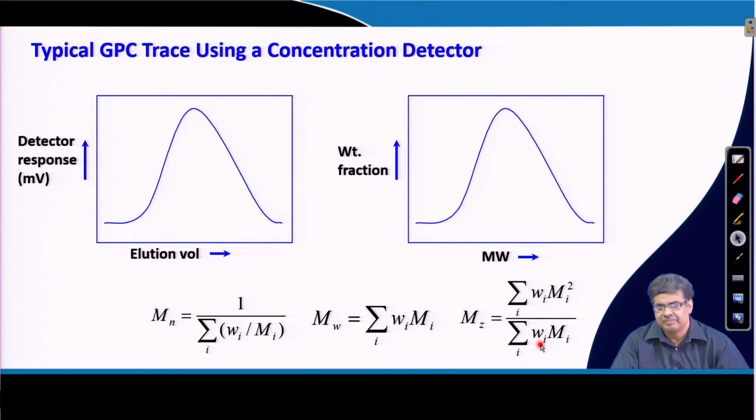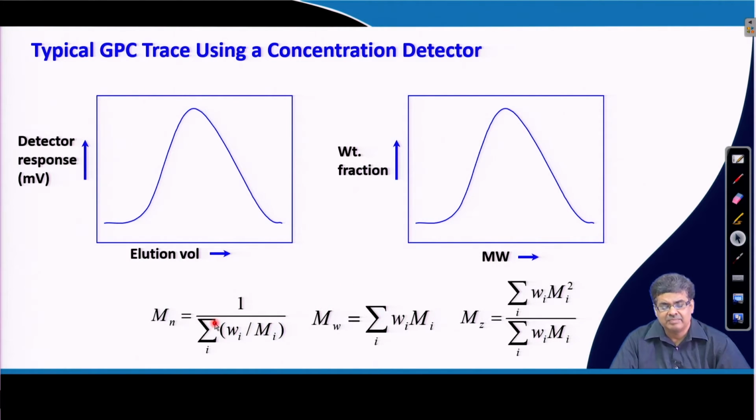Now, these expressions are deduced assuming that there are discrete samples. Wi is the weight fraction of the ith polymer chain in the mixture, but in practice there is actually a continuous chain length.